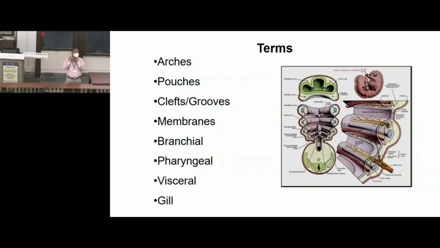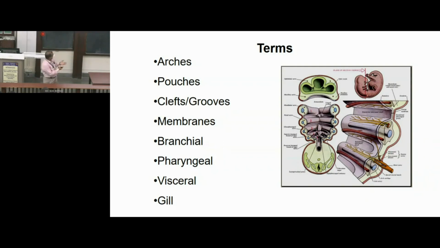But is it parallel to the arch? No. In between the arches, in between the solid masses of mesoderm, there are grooves: a groove within and a groove outside. The groove within is referred to as a pharyngeal pouch, and the groove outside is referred to as a pharyngeal groove or cleft.